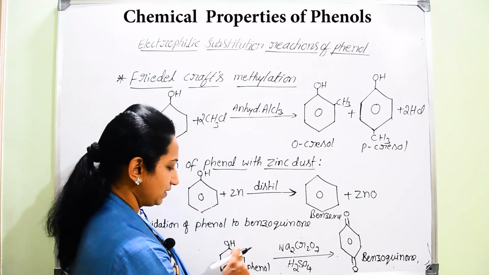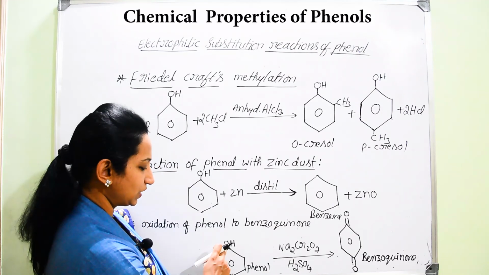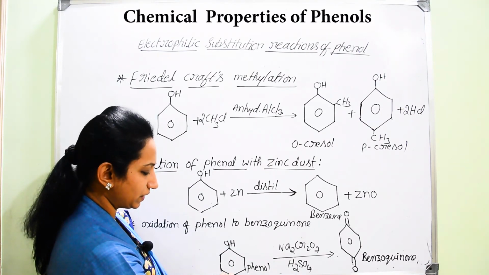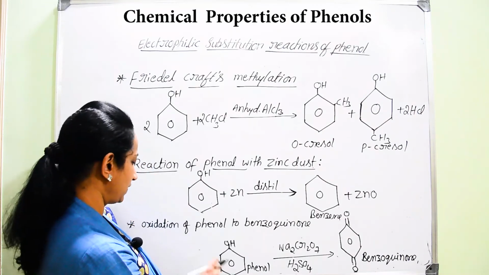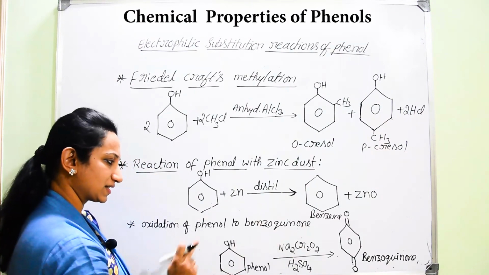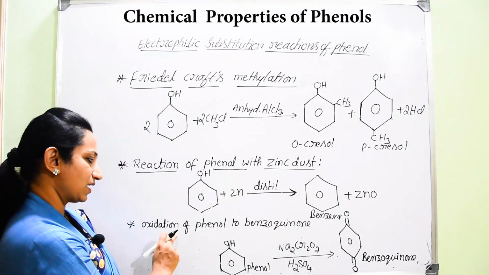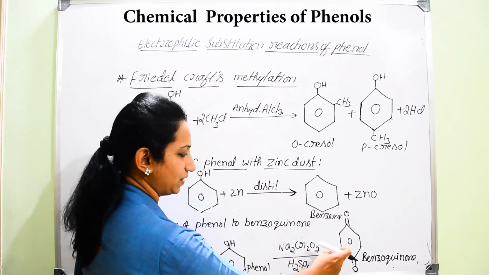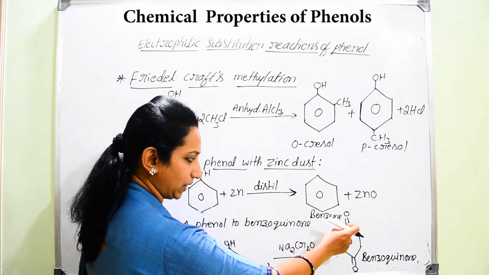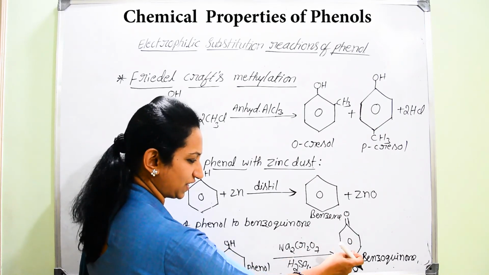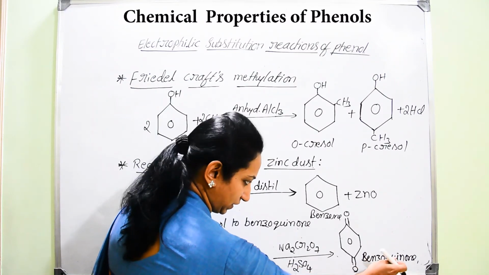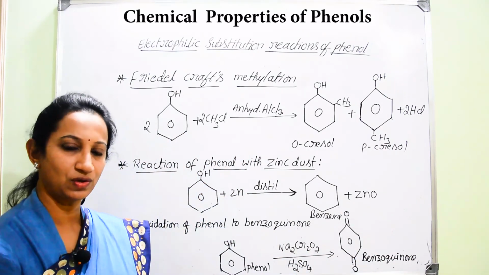Here you can find that not only is oxygen present over here, there will be removal of a hydrogen atom, and here also there will be attachment of one more oxygen atom because of the presence of this oxidizing agent. So oxidation of phenol results in two double bonded oxygen atoms attached to the benzene ring, which is called benzoquinone.